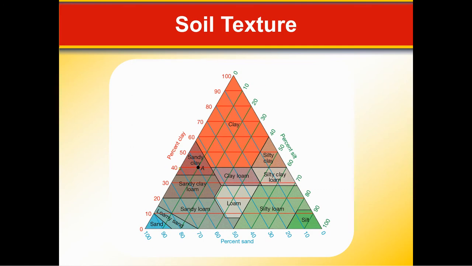If you have 40% clay, you're going to come across here, 40%, and here would be 30%, that's 70, so we'd have to go down to 30 over here, right here. And all the lines that connect right here will equal 100%, okay?